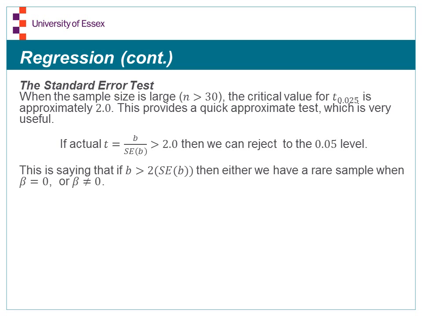Another way of saying that is that if b is greater than twice the standard error of b, then we've either got a rare sample with beta equals 0, or in fact beta is not equal to 0.